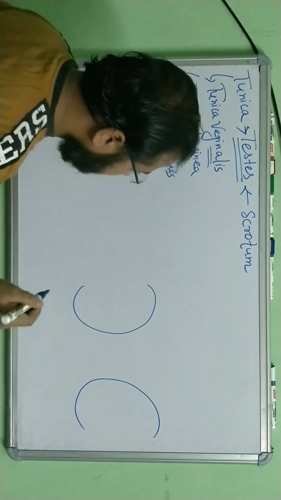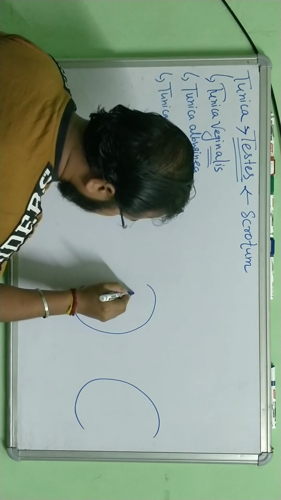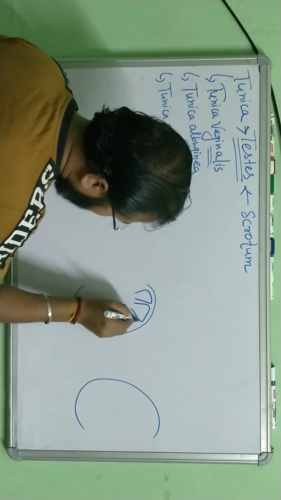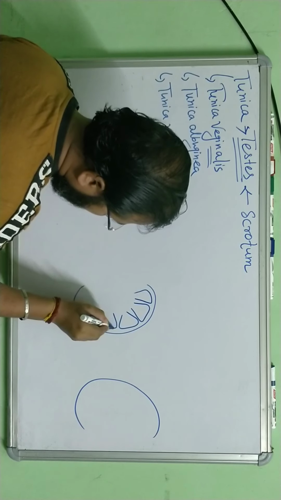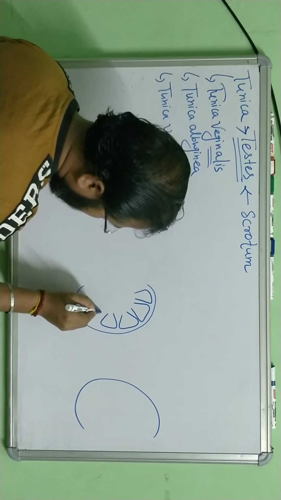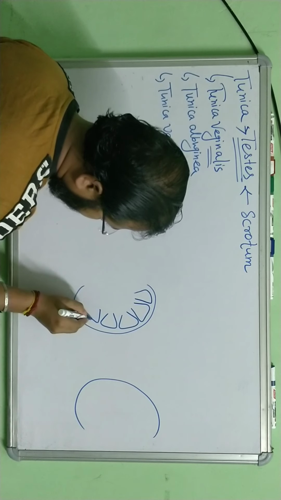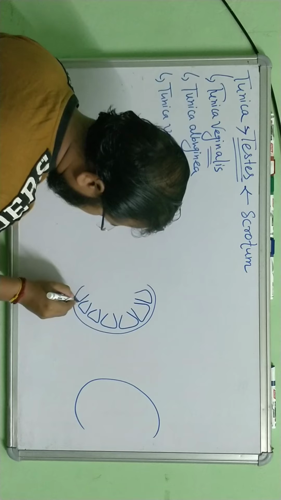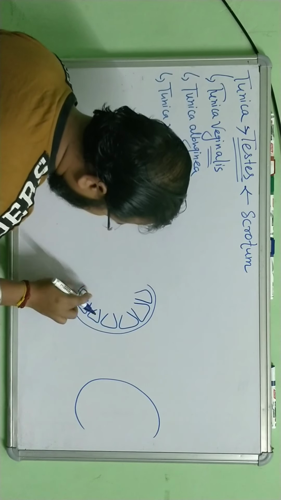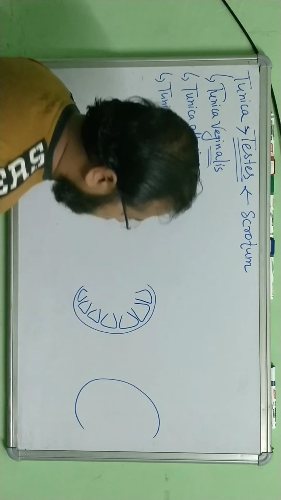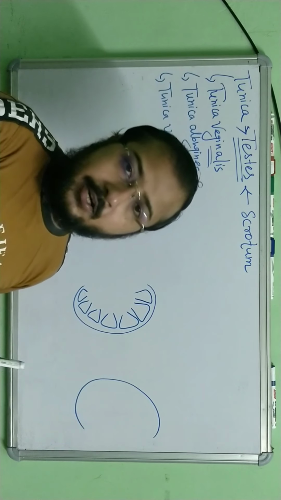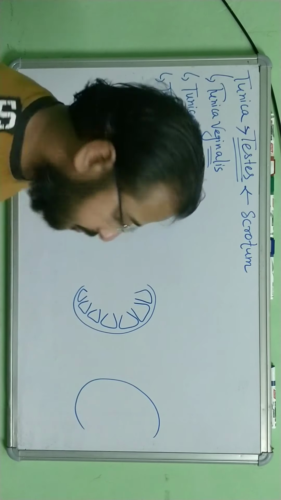So let us see the compartments here. These are the compartments present inside each of the testes, and these are known as testicular lobules.